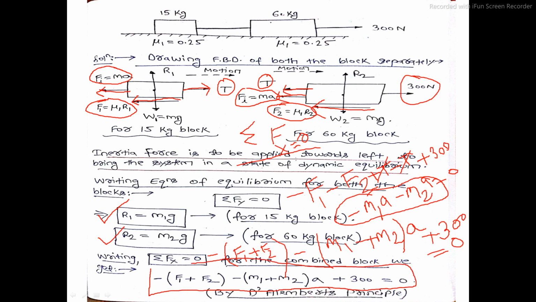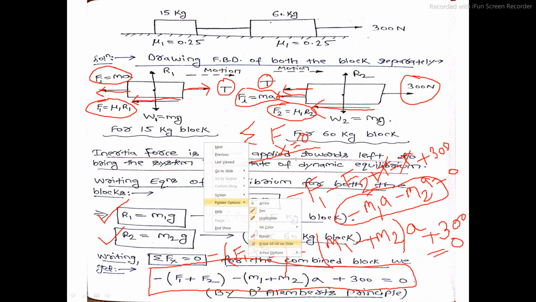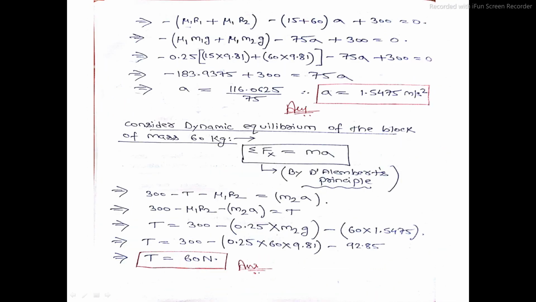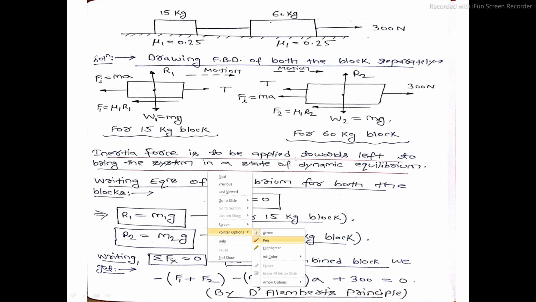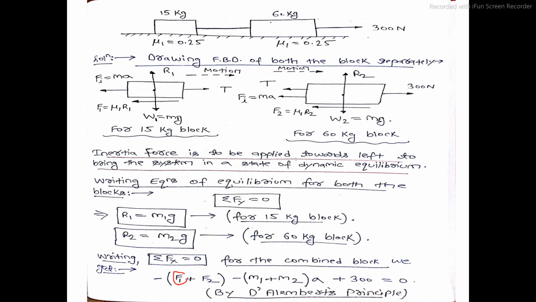Okay. So now let us solve this equation. That is, F1 is what? F1 is the frictional force for the first block, and it is how much? Mu1 into R1. And what is F2? F2 is the frictional force exerted on the second block, and its magnitude is how much?